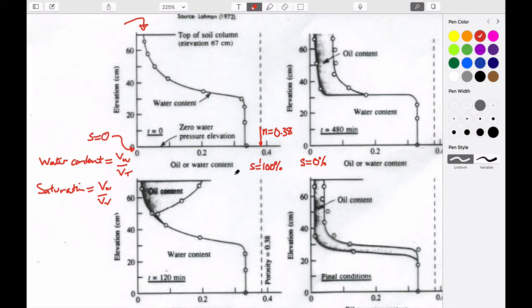And so these three conditions are for, this is the first one, pristine. This is when you start putting gasoline into here, spilled from the surface rather than from an underground storage tank.